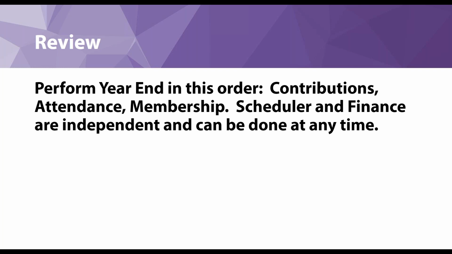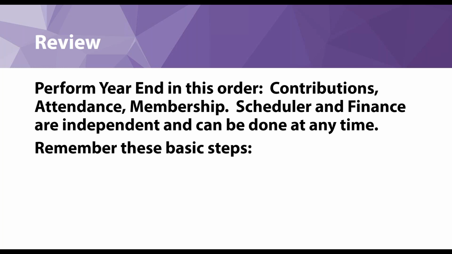So they are independent, and it's due to the way that the database is set up. So membership, attendance, and contributions, all that information is intermingled and tied together. The scheduler and finance, they're almost little separate modules on their own, even though you access them through Shepherd Staff. So just remember that order when you're running the year end.